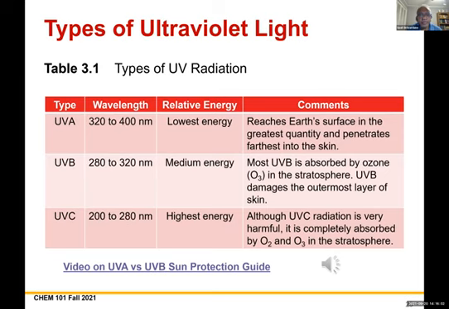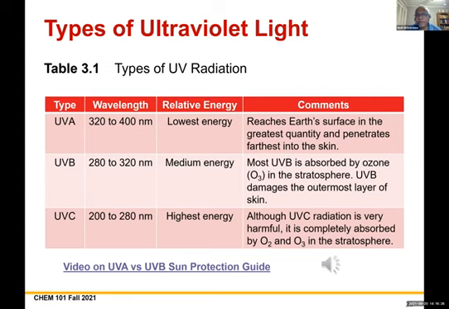UVB is medium energy. The shortest wavelength is UVC, which has the highest energy. The last two, UVB and UVC, are not coming to the Earth's surface.